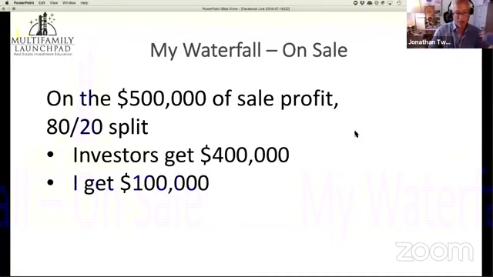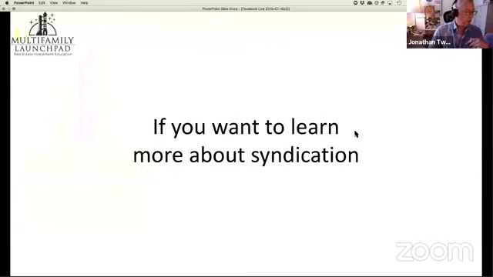And I figured out somewhere along the lines that, if you model this out through the life of a deal, including the asset management fees, I'm getting something like 23% of the deal, and the investors are getting about 77 or 78% of the deal, which people find is a perfectly fine and acceptable split. I've never had anybody complain about this at all. So obviously, that's a very high level overview of how you structure a syndication.